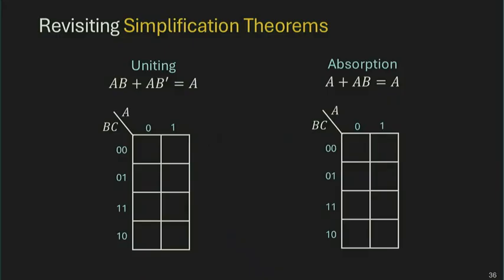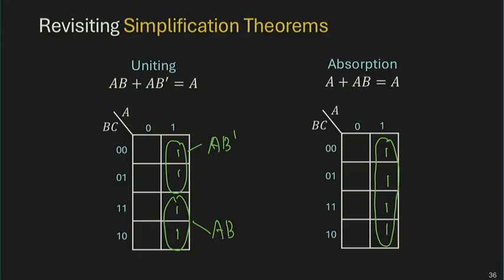With that, I'm going to quickly run through many of the theorems that we have seen before from Karnaugh maps. Uniting: 2 different terms sharing the same variable, but having the other variable appearing in non-complemented and complemented form. AB prime is over here, AB is over here, and as you can see, they can be combined into that single column of A. Absorption: A is this whole column, 1, 1, 1, 1.